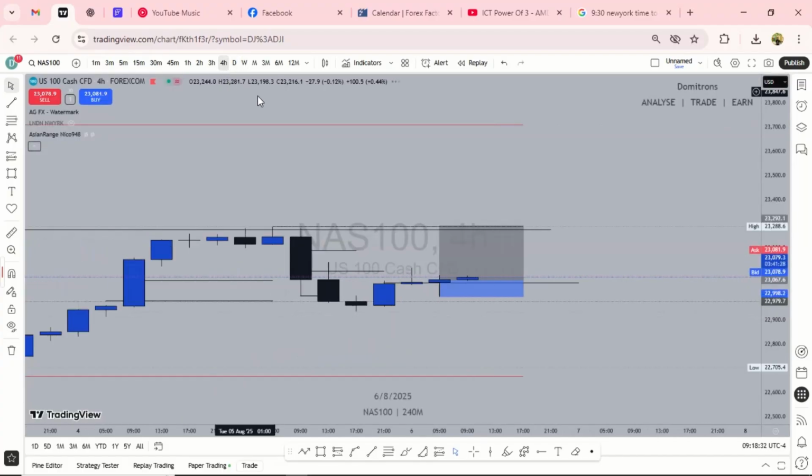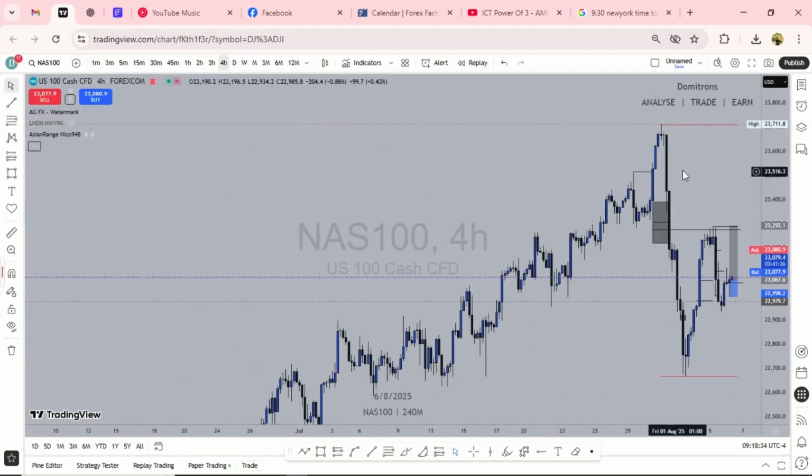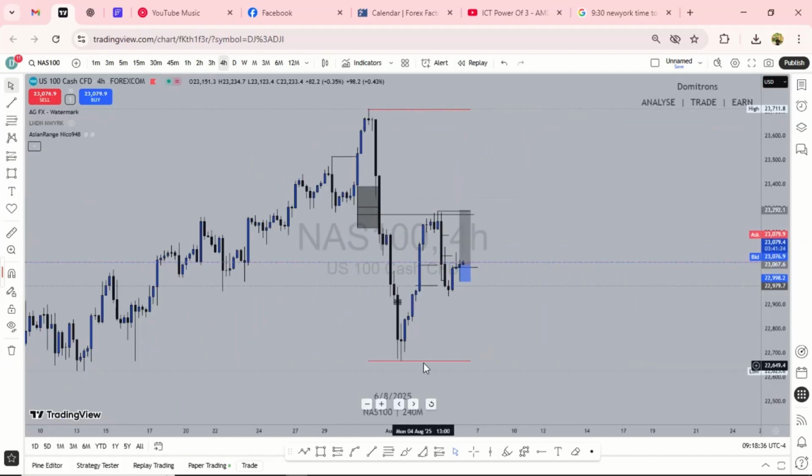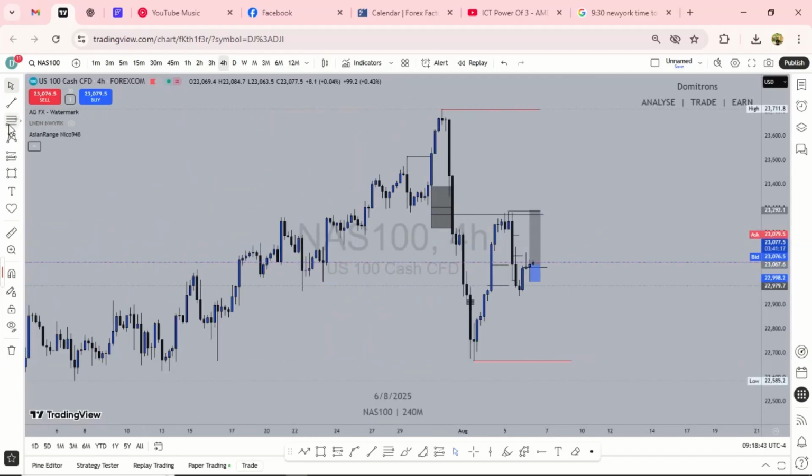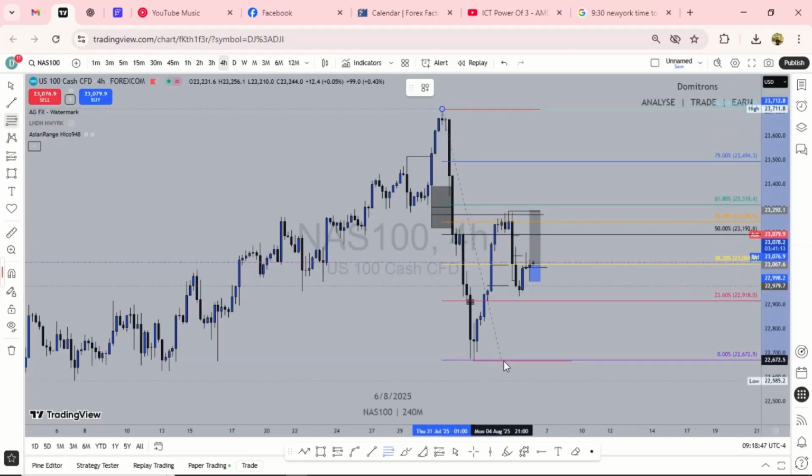Going down to the 4 hour time frame. So right here, that is a daily range. So this is previous week high, this is previous week low. Take my Fibonacci, high to the low.